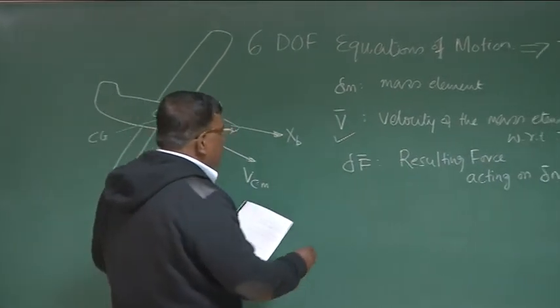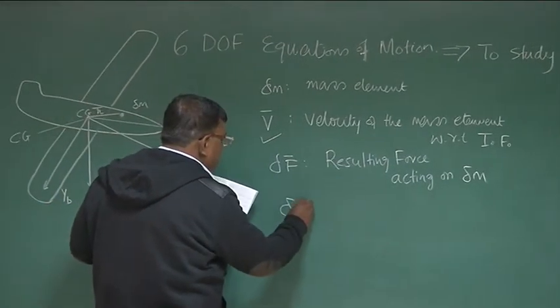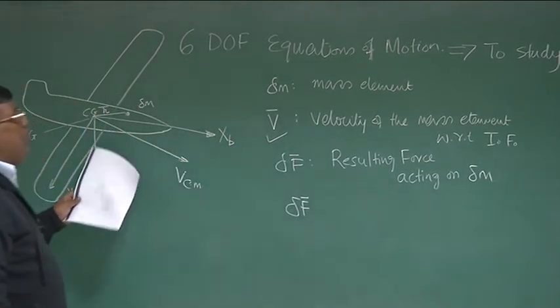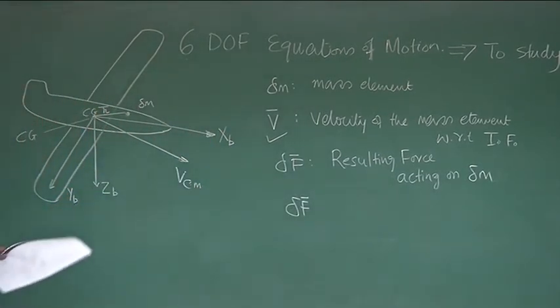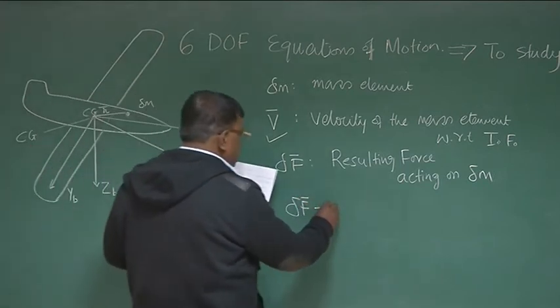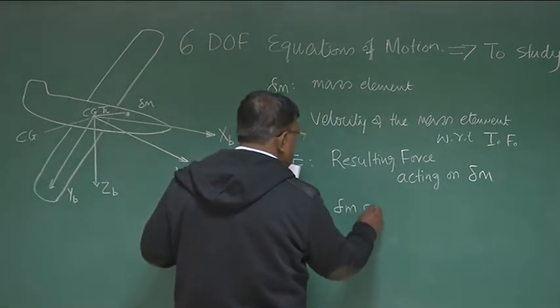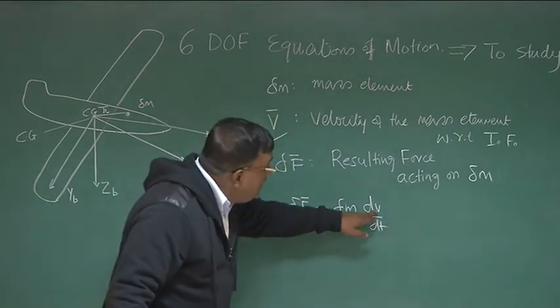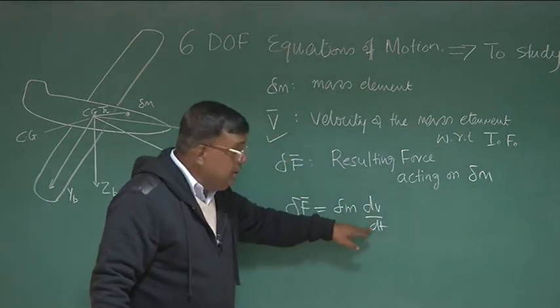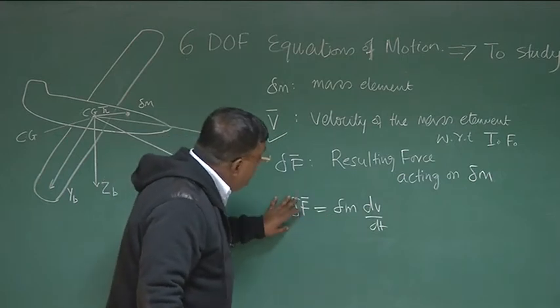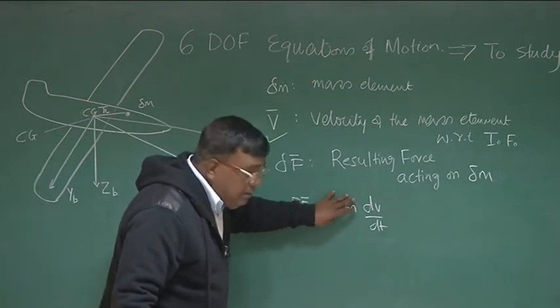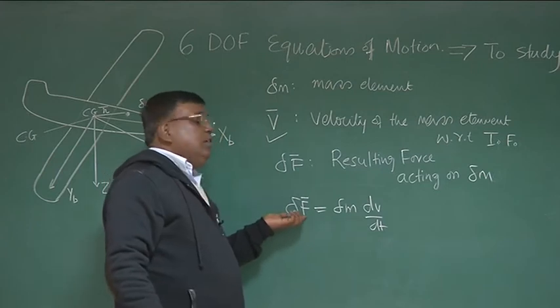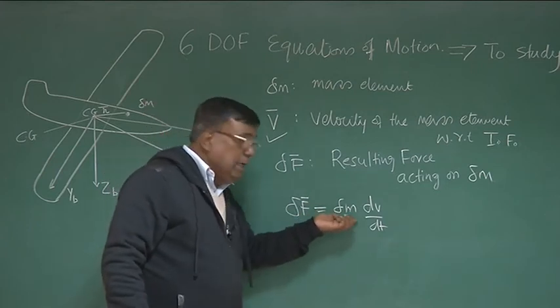Now, because I am working in the inertial frame, everything I am developing is in the inertial frame. Delta F I can write as delta m dv by dt. Please note that this is dv by dt, not dVc by dt, because I am writing the effect on the mass delta m because of the external force delta F acting on dm.